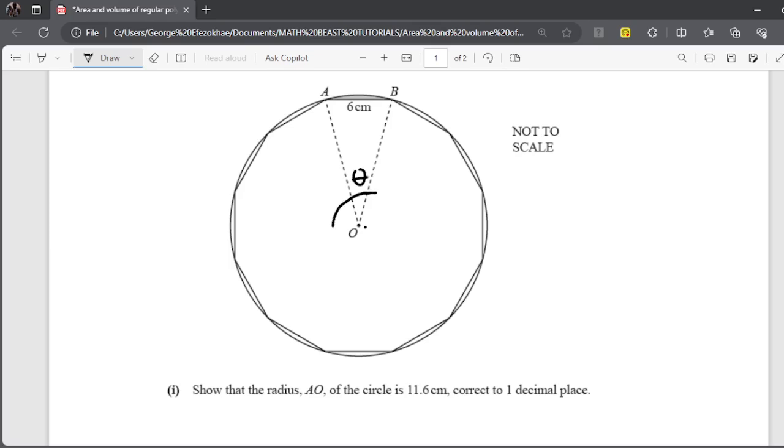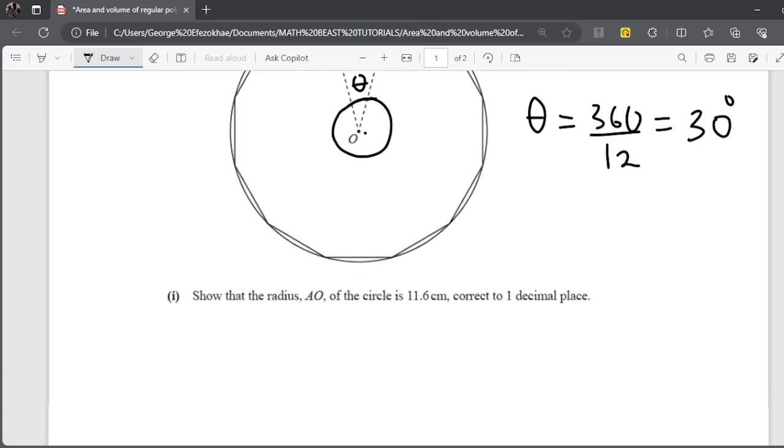We know that the sum of all these angles at this point will be 360. So if I say that angle is theta, since they meet at the point, 360 divided by 12 will give us 30 degrees.